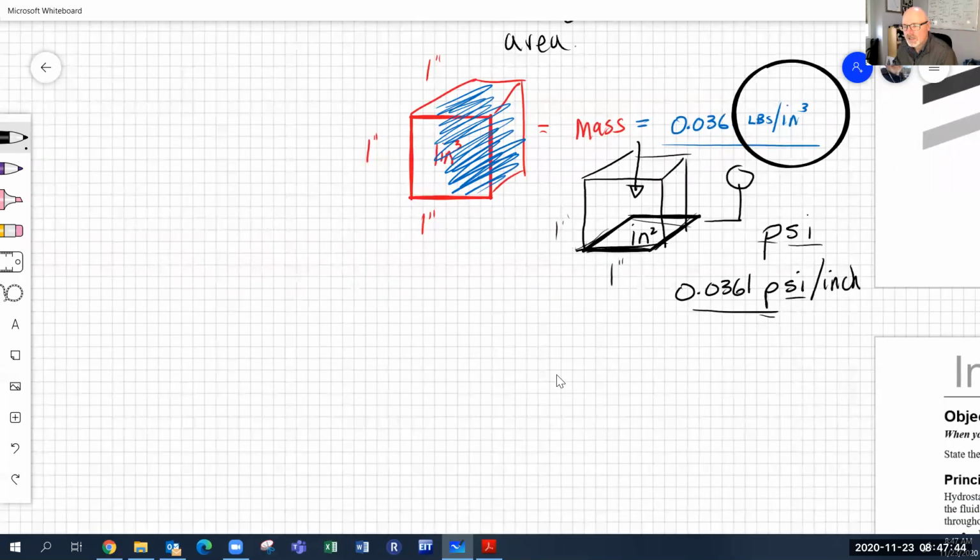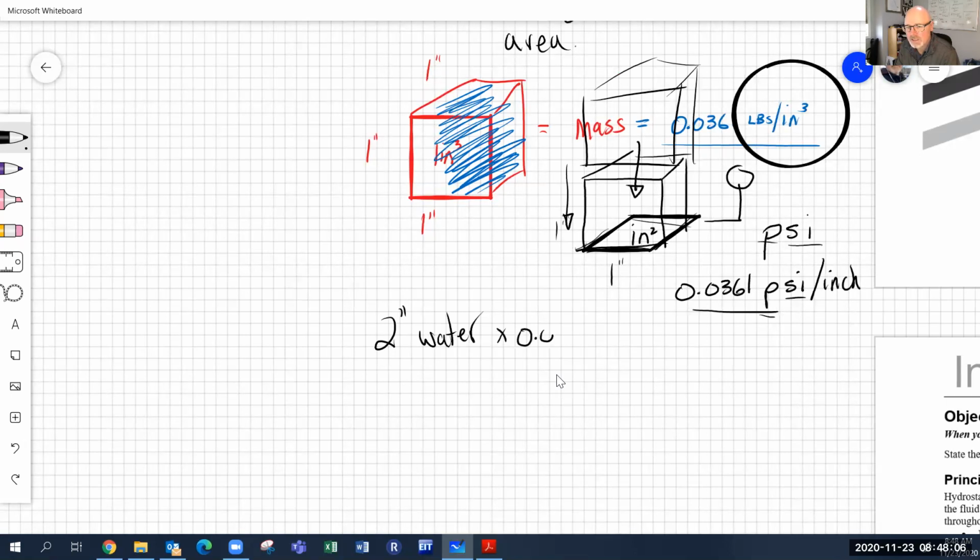So to calculate pressure is by height of the fluid. So if I had 2 inches of water, so if I had 2 blocks on top of here that are 1 inch by 1 inch, I would simply take 2 inches and multiply it by 0.0361 PSI per inch of water.